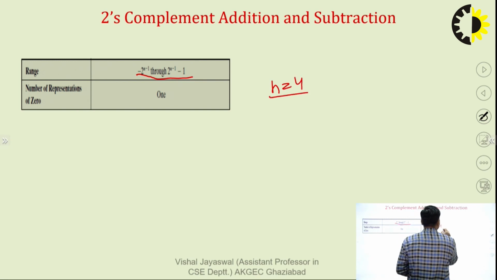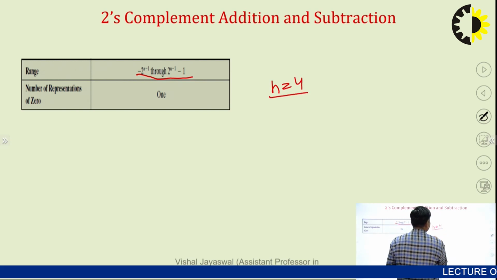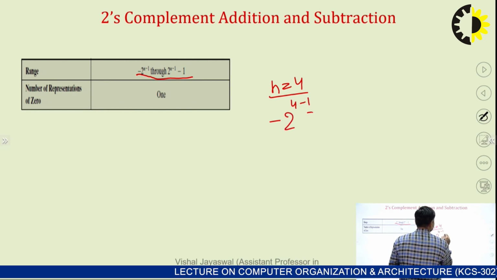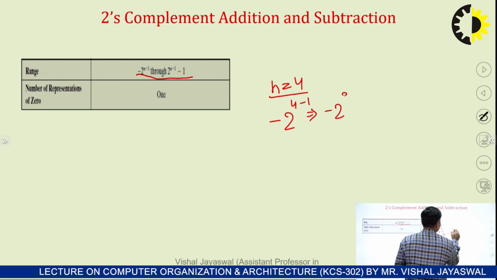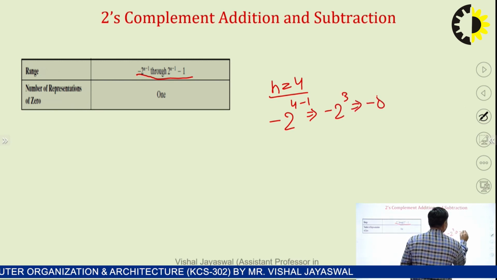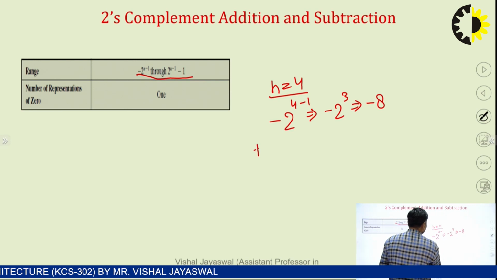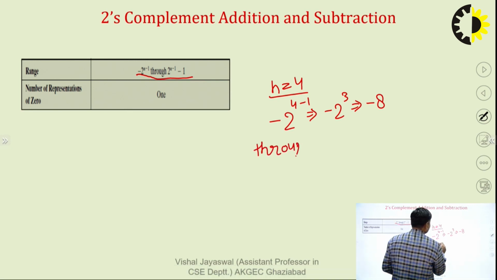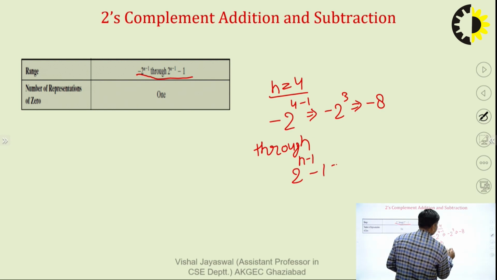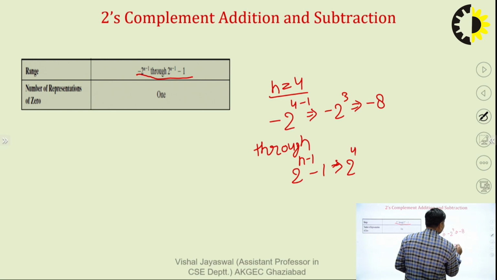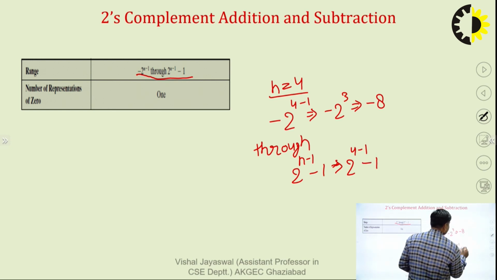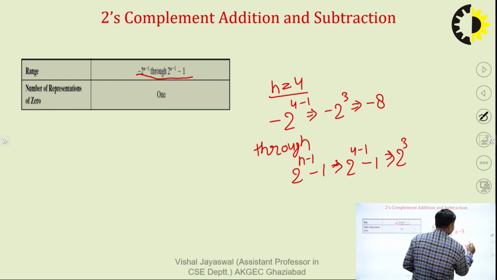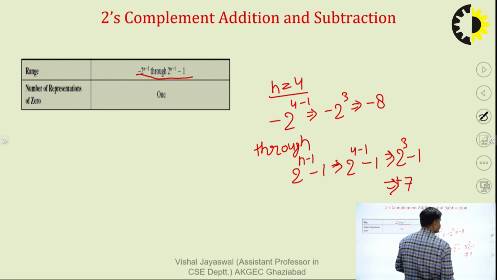If we take the value of n as 4, then minus 2 to the power 4 minus 1, that is minus 2 to the power 3, means minus 8, through 2 to the power n minus 1, minus 1, means 2 to the power 4 minus 1, minus 1, means 2 to the power 3, minus 1, equals plus 7.